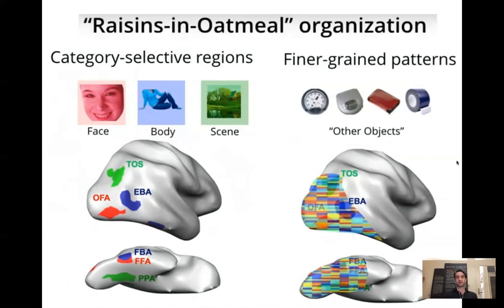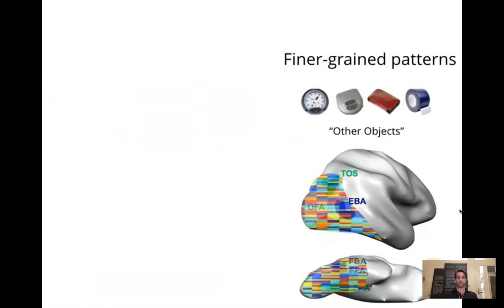It was initially thought to be something like a raisin in oatmeal organization, because you have these bits of fruit, the little raisins that are in this oatmeal, that are these finer grained patterns of activity.